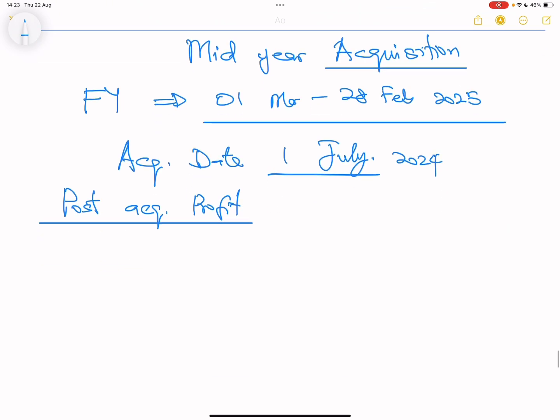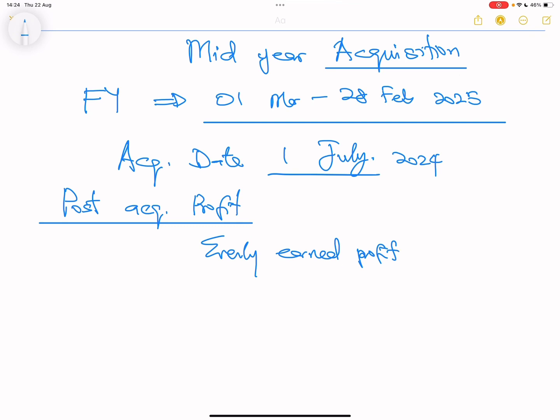How do you calculate post acquisition profit? And all you need to do here, it's not difficult. You just need to prorate. So you need to have an assumption in mind that when you see a question like this, you must assume that profit is earned evenly during the year. So there is evenly earned profit, which means you can just prorate evenly.